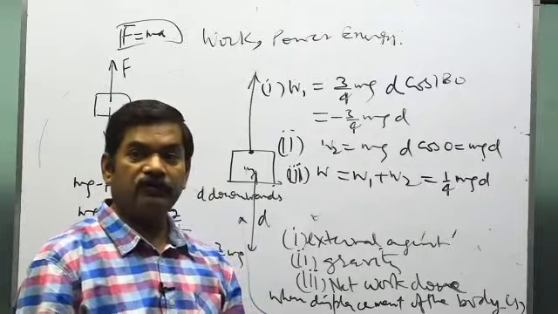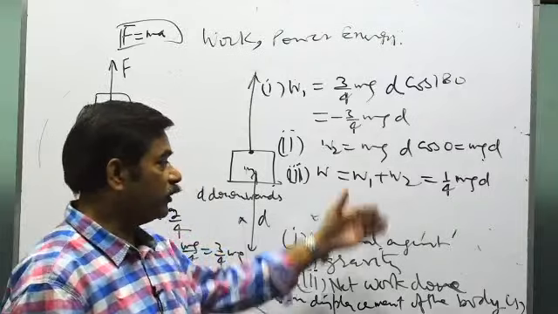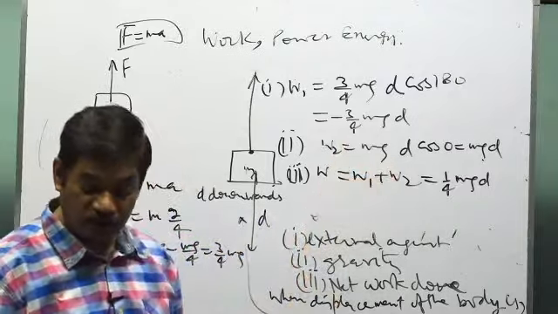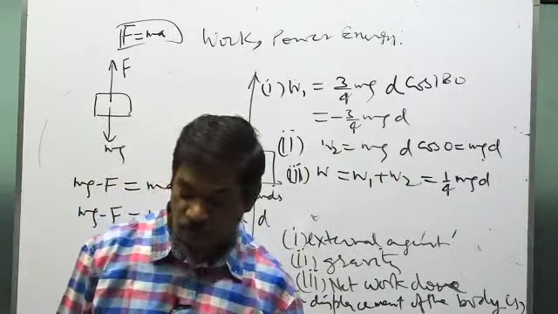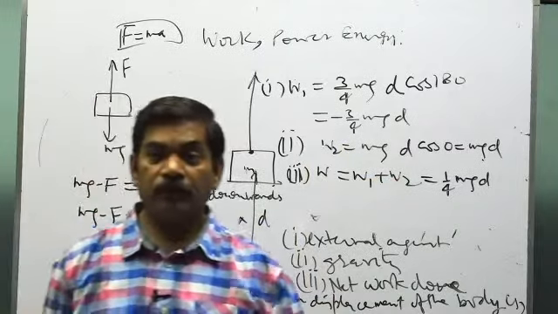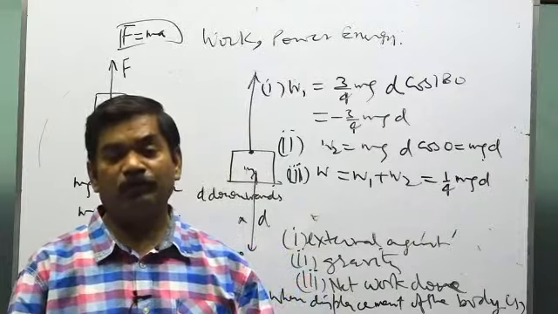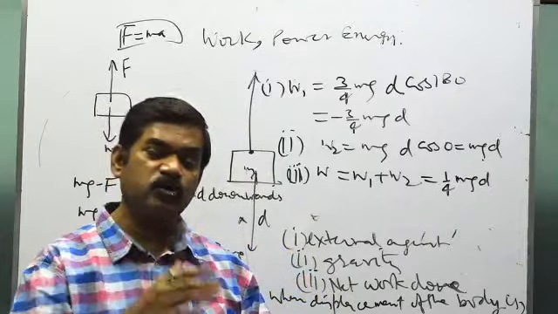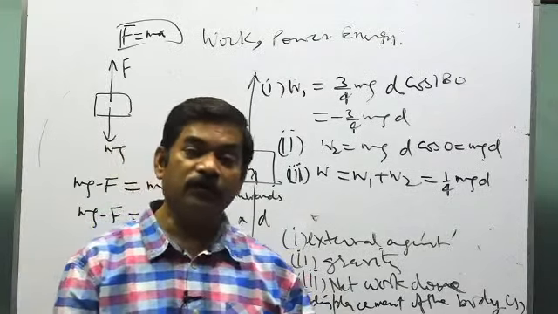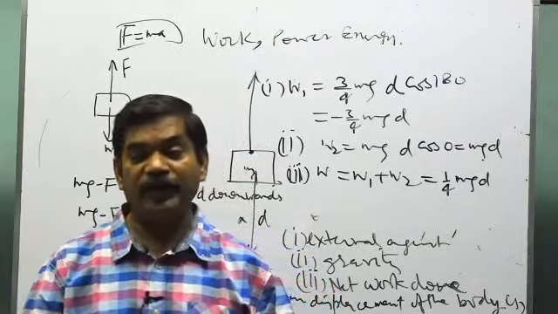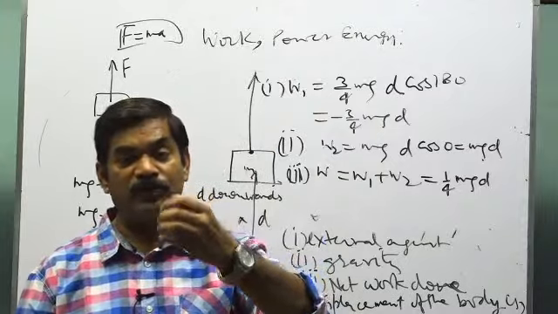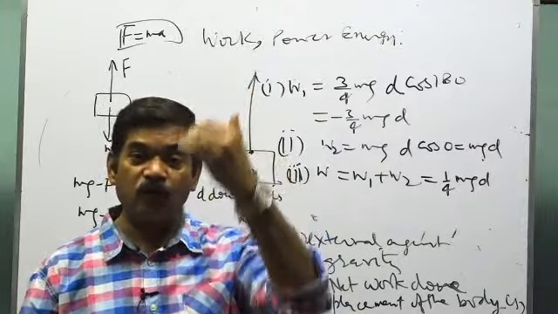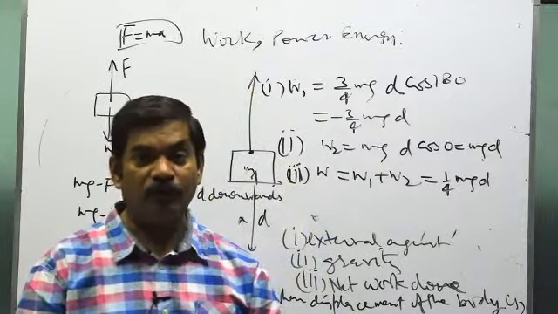Is that clear? So you get to know how to calculate the work done. In some cases, they won't give you the force by which you have to calculate the work done. They'll describe some mechanical situation. Like here also, they described that the body is being pulled upward with some force, but it is going downwards with acceleration g by 4.